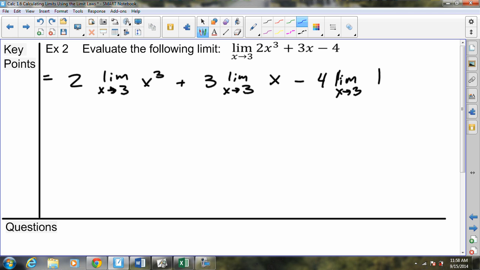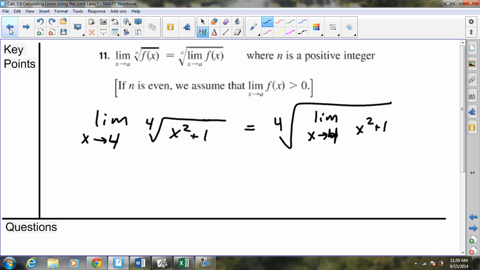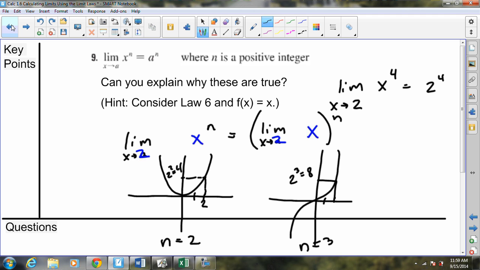Evaluating individual limits. 3 cubed. This piece right here, you notice how it's a power function? That power function is taking advantage of law 9.